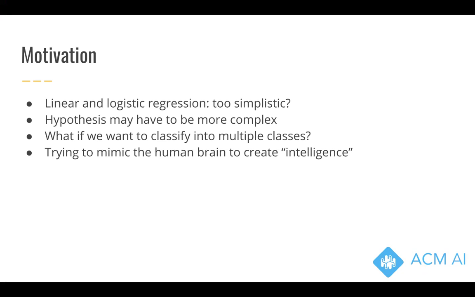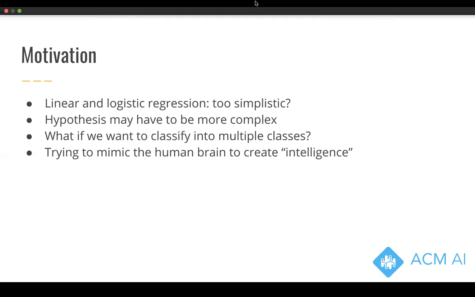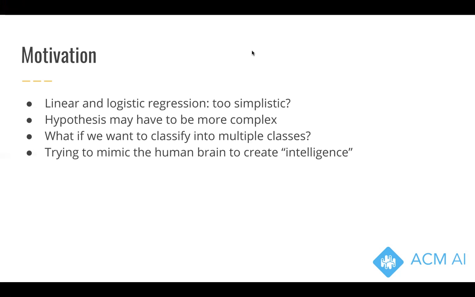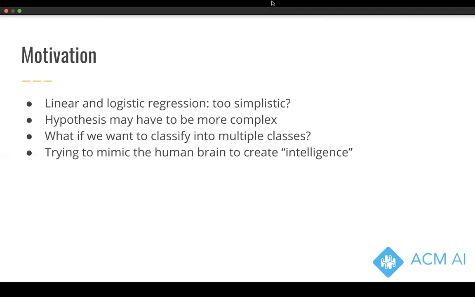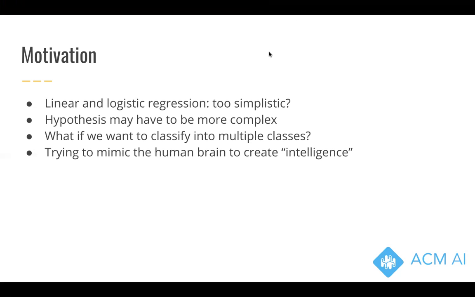Medical imaging companies will take images and put them into a neural network and then tell you whether that image is X or that image is Y. So oftentimes we want to model stuff that's a lot more complicated than just a linear function. And that's the beauty of a neural network. It's pretty much as complex as you want it to be.